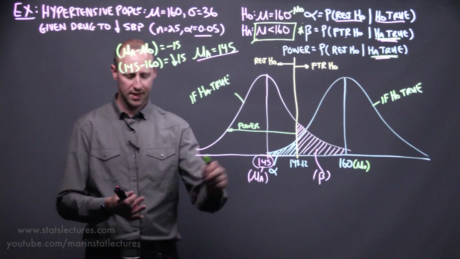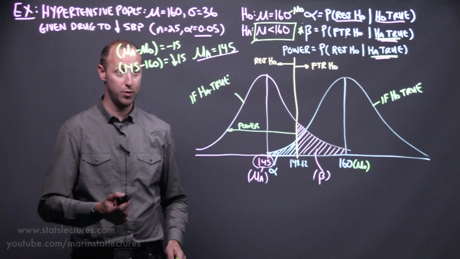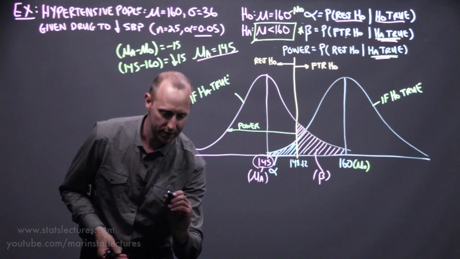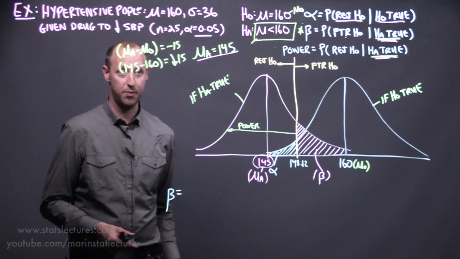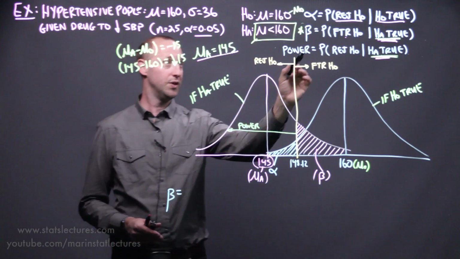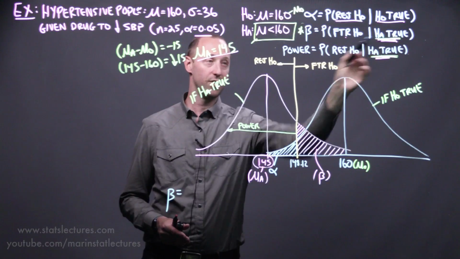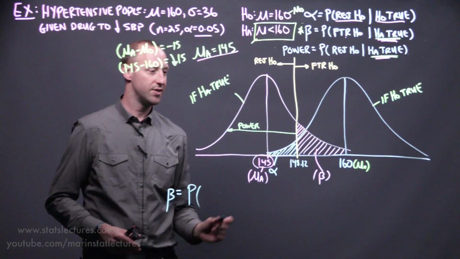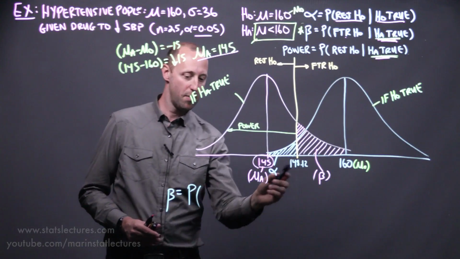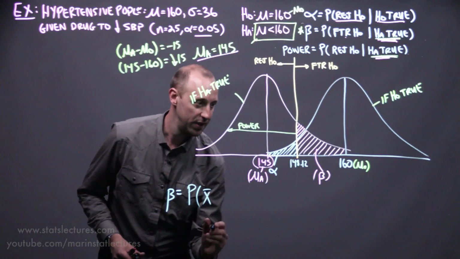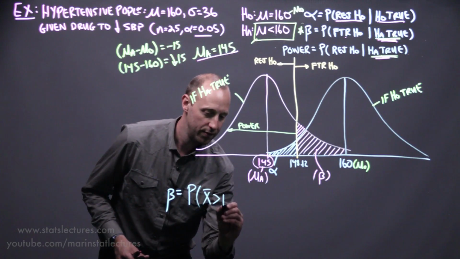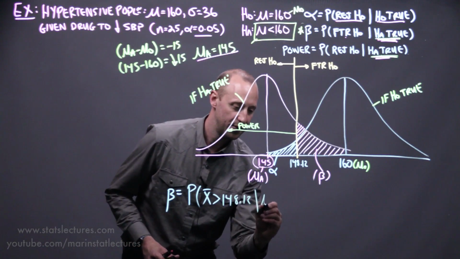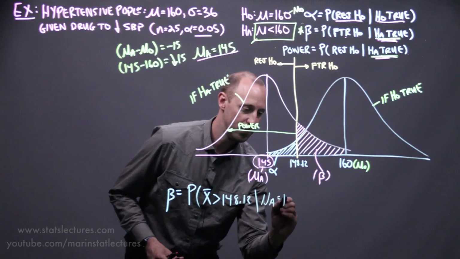Okay, so let's quickly work this out numerically. As noted, I'm going to start by working out beta, the type 2 error rate. What's the probability of failing to reject the null if the alternative is true? We can write this out as the probability of getting a sample mean greater than 148.12 given that the true mean is 145.